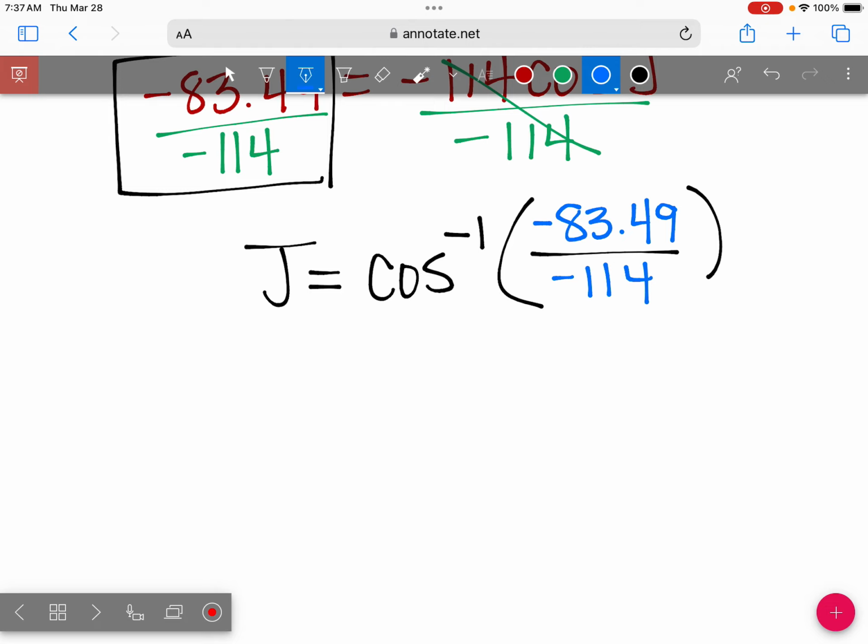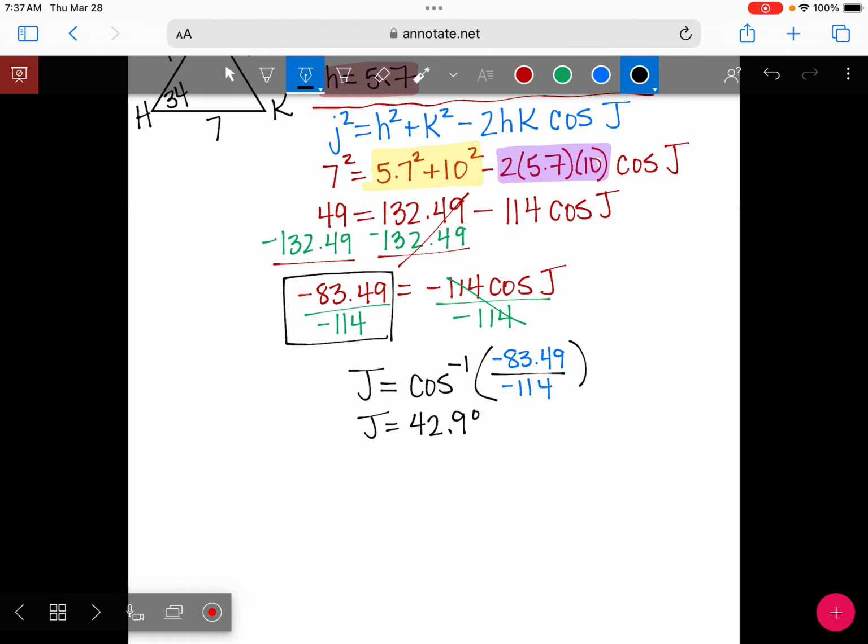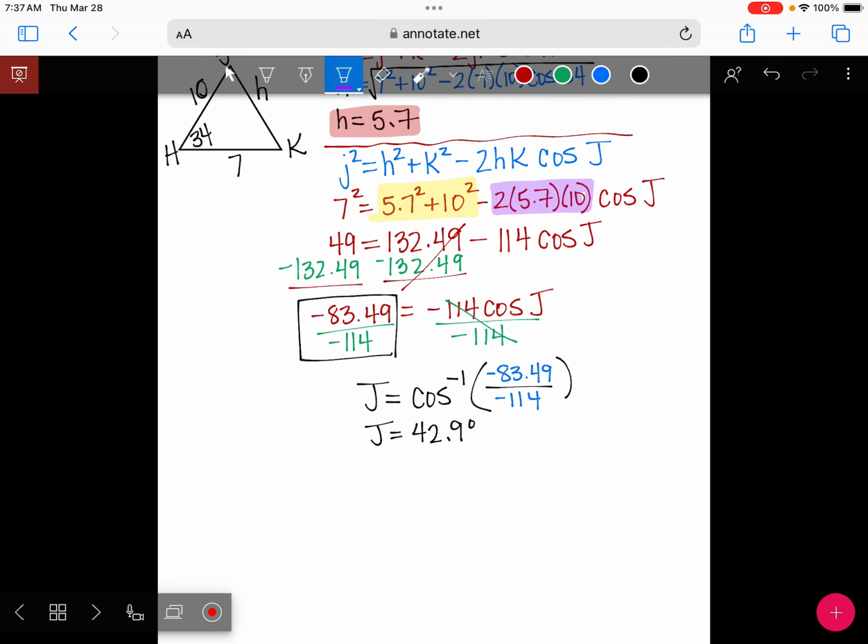I got 42.9. Who got 42.9? So J equals 42.9. Retype it in your calculator. Yeah, you probably just didn't hit a button. So now I know angle J is 42.9.